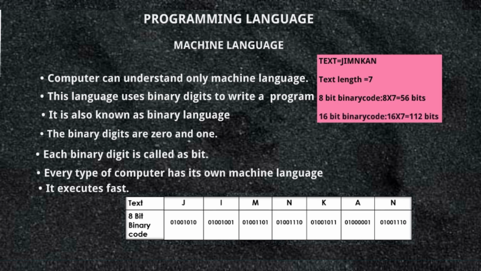It will be replaced with 112 bits, that is 16 multiplied by 7. We require only 7 letters for writing the word JIMNKAN in our language. But when we are using binary code for writing, it will become a big number. So reading and writing a program in machine language is a very complicated task.